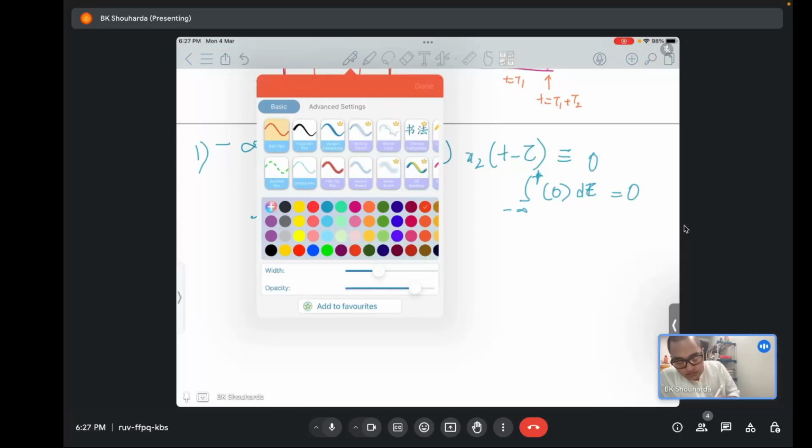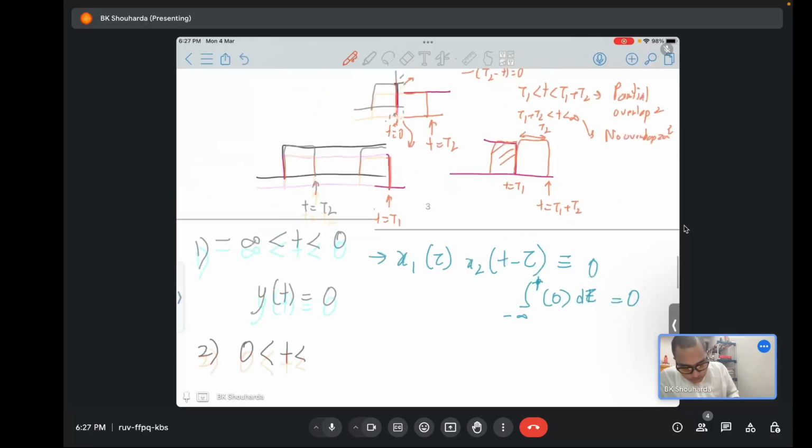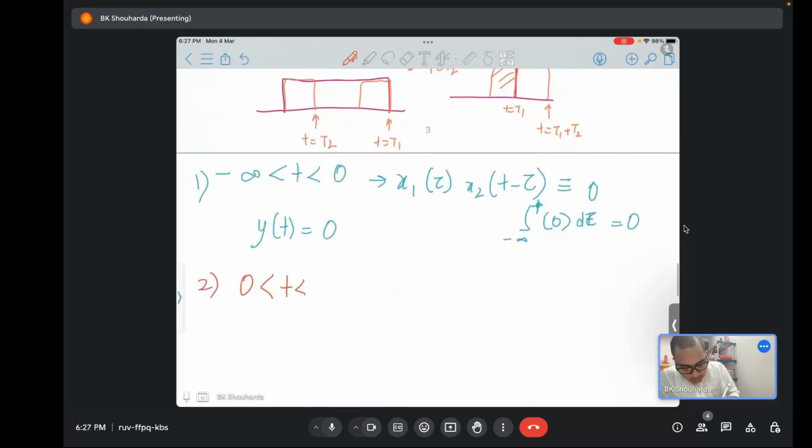Now let's look into the second zone. The zone starts from 0 to t2, and what is that? In that case, x1 of tau and x2 of t minus tau, this is 1 and this is also 1, so it is 1.